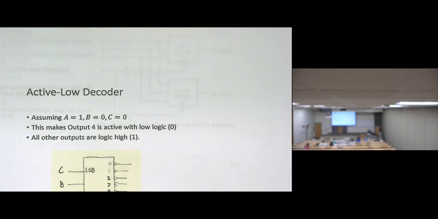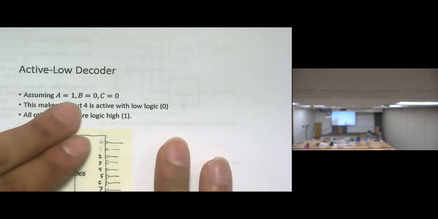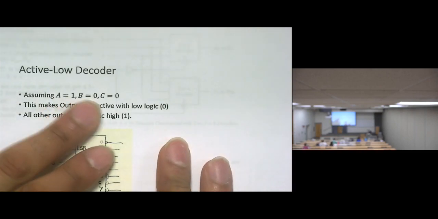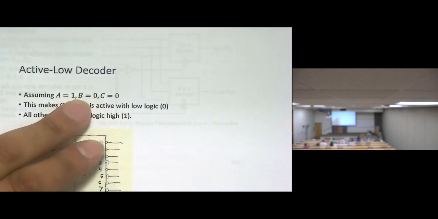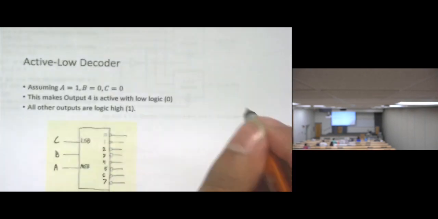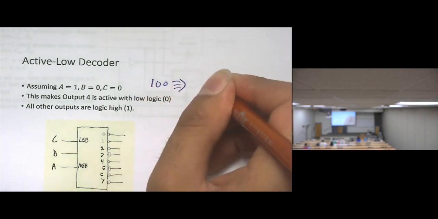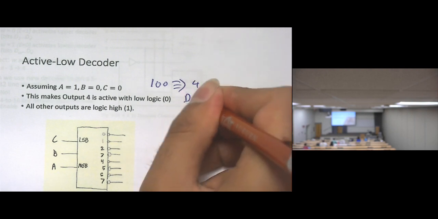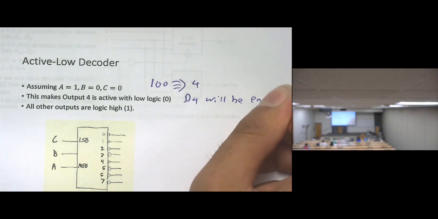Okay. Let's see an example of active low decoders. So we have A equals 1, B equals 0, C equals 0. What does this mean? Which output will operate? In active low, 1, 0, 0 is equivalent to what? 4, right? This means D4 will be enabled.